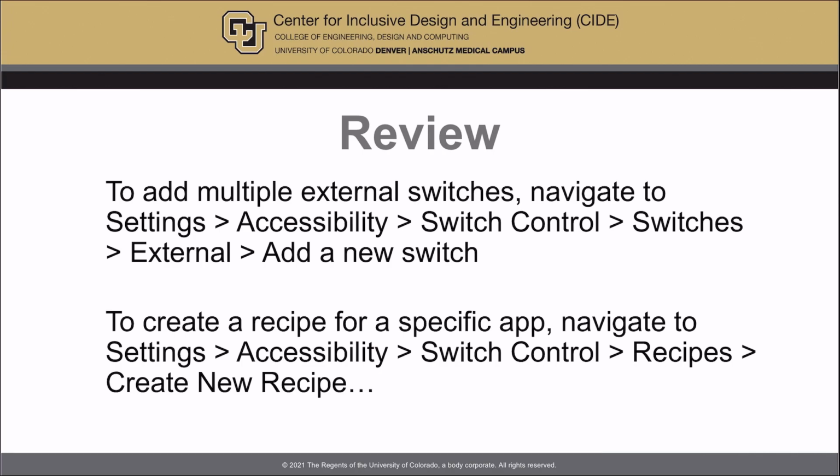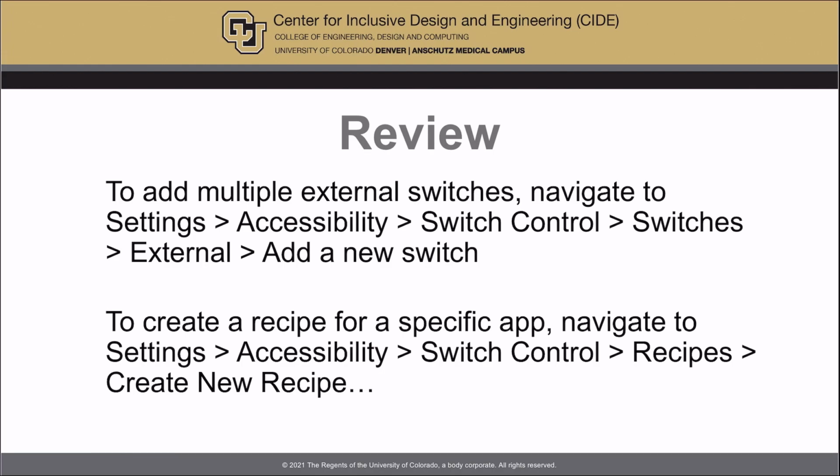Let's review. Today, I showed you how to add multiple external switches by navigating to Settings, Accessibility, Switch Control, Switches, External, Add New Switch. We also learned how to create a recipe for a specific app.